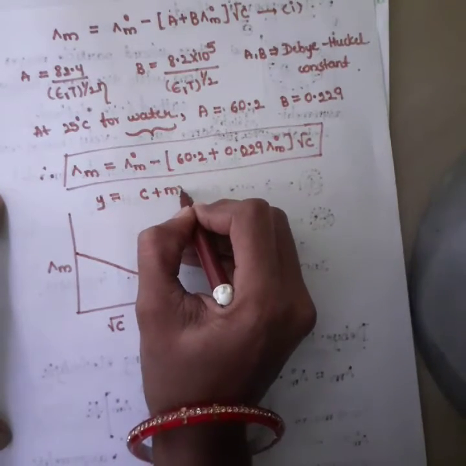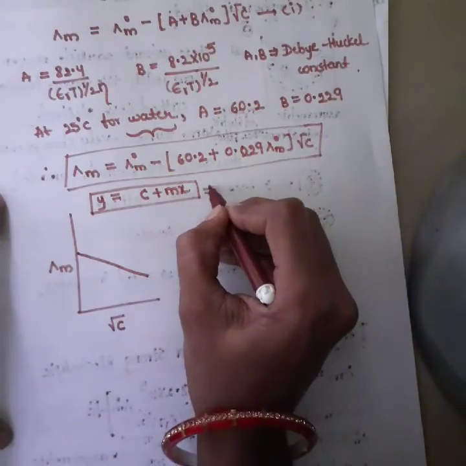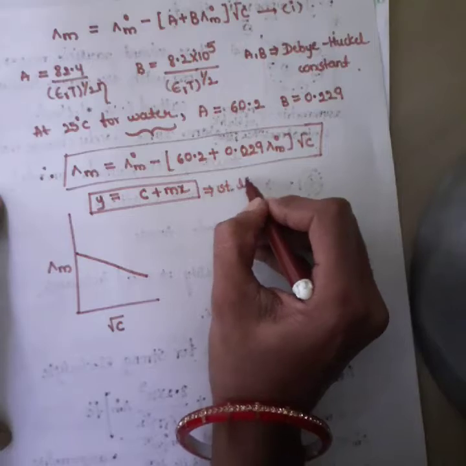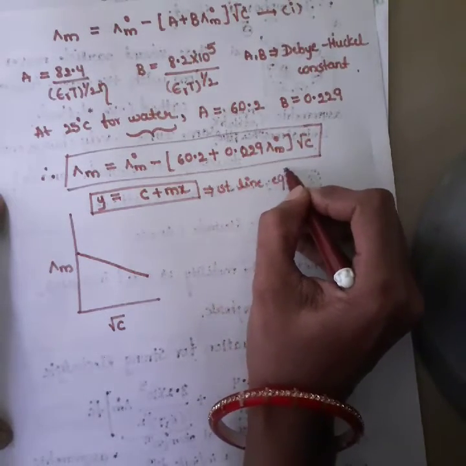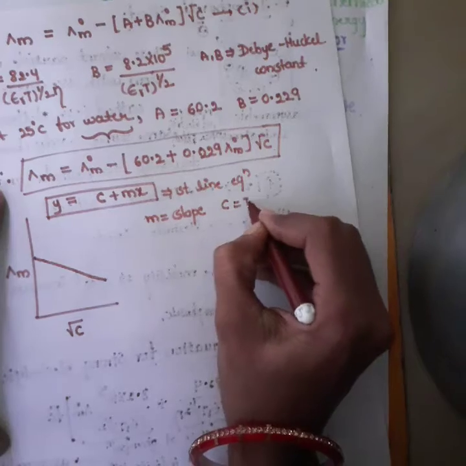You already know that is the equation of a straight line, where m is slope and c is intercept.